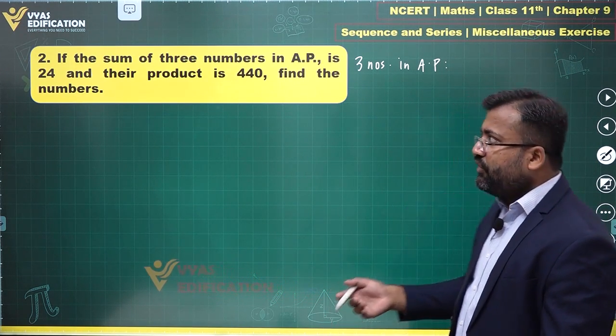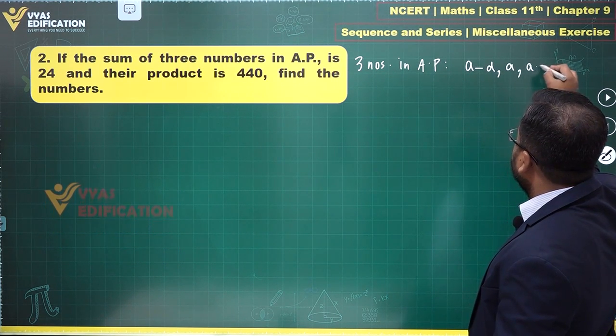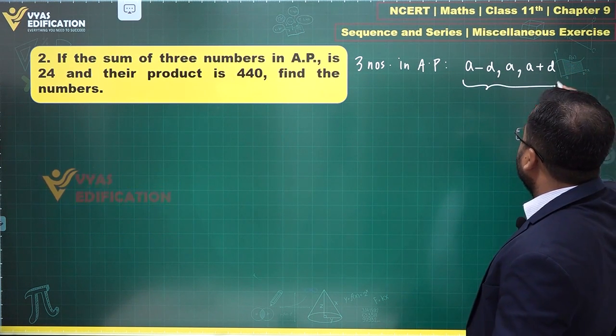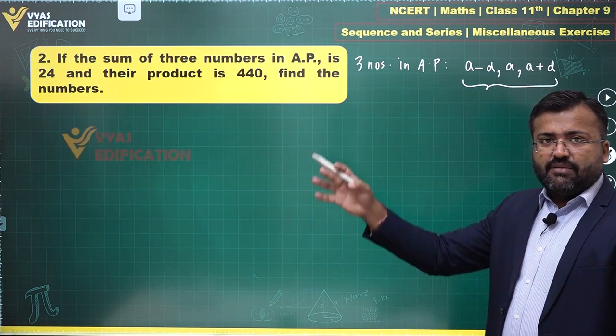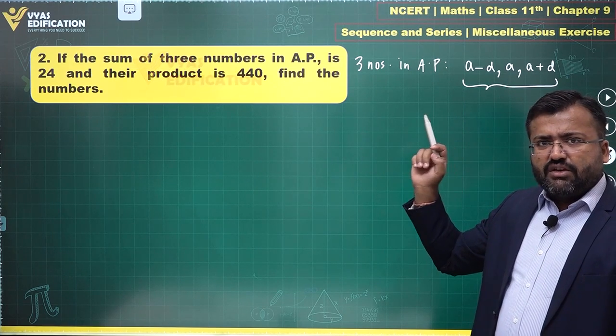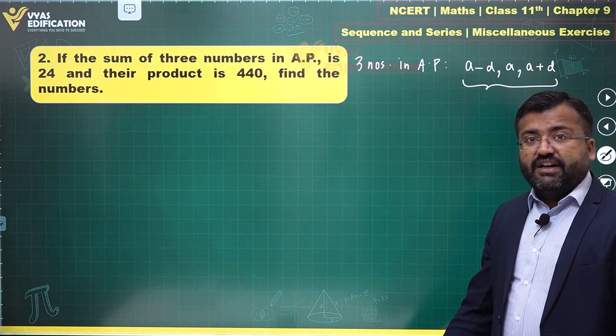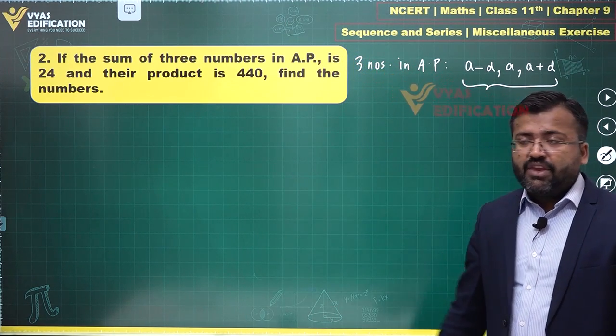But rather than that, if you go with a minus d, a, a plus d, calculations will become easier, right? Since the sum is directly given to you, see that the sum of these three numbers is 3a. If that is equal to 24, you directly get the value of a, which is one of the parameters. The other parameter d can be found with another condition given.